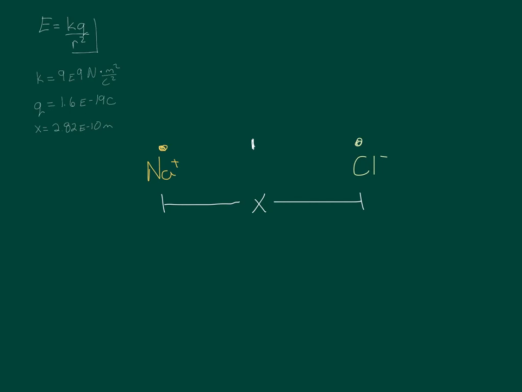I know it sounds really awesome, and I guess it kind of is, but really all it means is you just add everything up like a vector, and when things are in a line like this, it's really easy to do. So the field at this point right here is going to be the field from the positive charge, added to it the field from the negative charge.